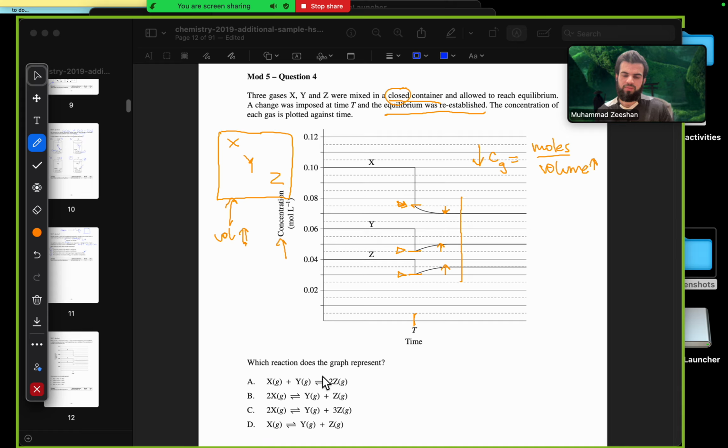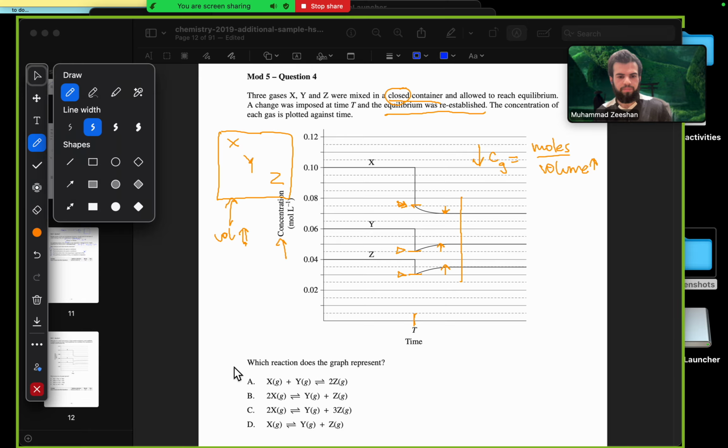So how would that work? If it's going in reverse, then you'd expect both X and Y to go up. If it's going forward, you would expect both X and Y to go down. However, X and Y are doing contradictory things. So it's probably not A. Let's check the other answers.